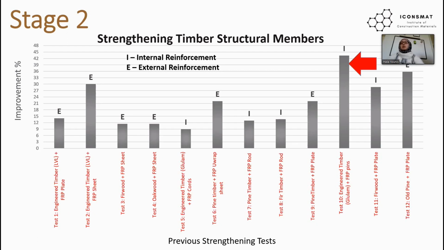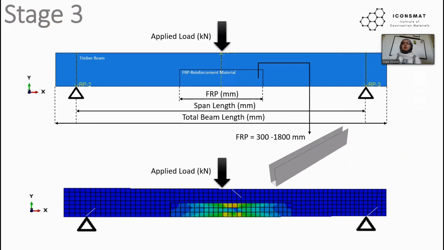And glulam is actually not locally available in Australia, okay? Therefore, the type of timber that is locally available and used in this study is laminated veneer lumber, LVL, and using an external reinforcement approach of FRP sheet. This sheet of fiber reinforcement polymer material will be attached to the most stressed point in the member, as we can see here.